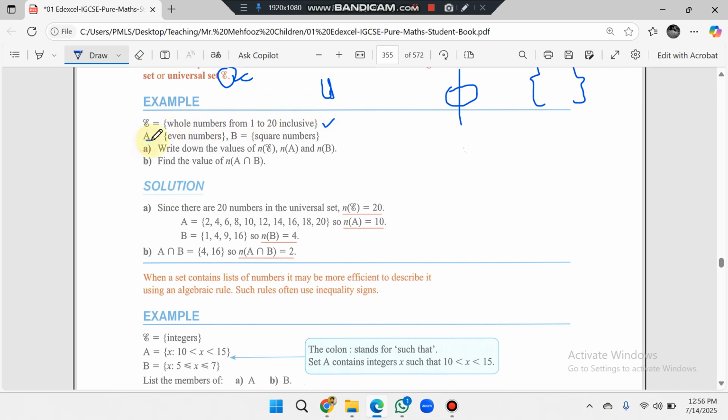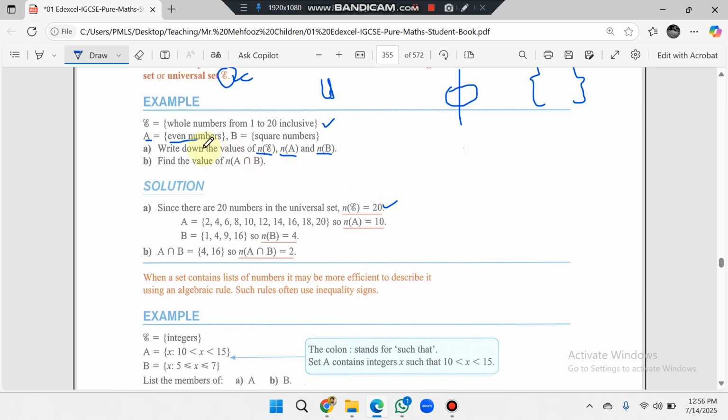So set A is all the even numbers between 1 and 20, and set B is the square numbers between 1 and 20. Write down the values of n of the universal set, n of set A, and n of set B. So what is the number of elements of the universal set? It will be 20, because we have the whole numbers from 1 to 20.